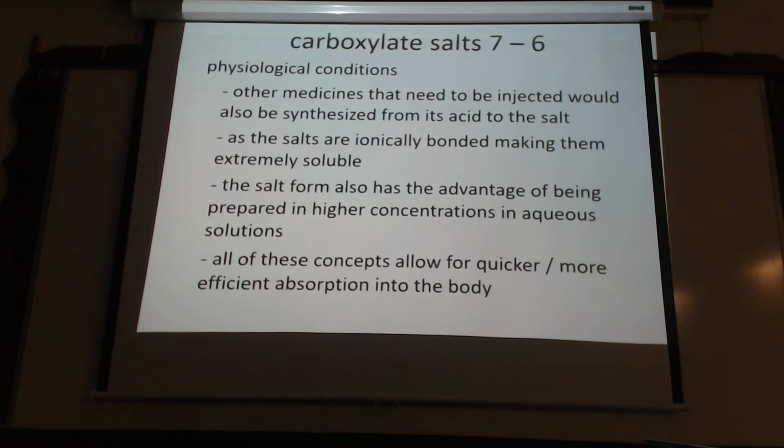It's the simplest salt. What do you think that might be? I'll let you think about that for a couple of moments. Just guess. Okay, that's half of it.